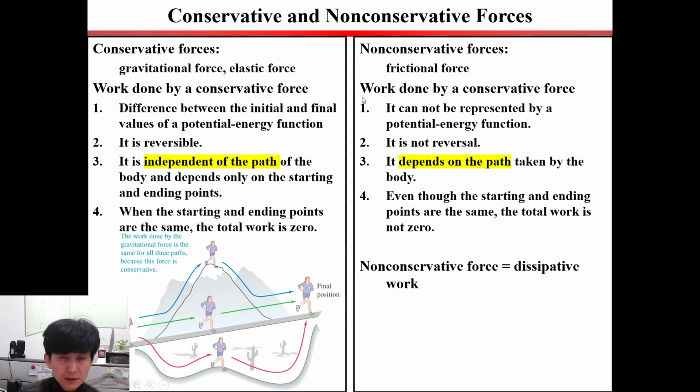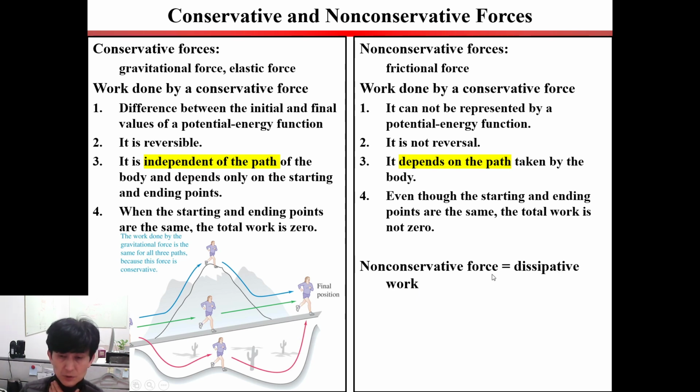This shows the conservative force and non-conservative force. Conservative forces are the gravitational force, electric force, and so on. The non-conservative force is path dependent, it is the frictional force, resisting force, and so on. So, non-conservative force will provide a dissipative work that provides heat.